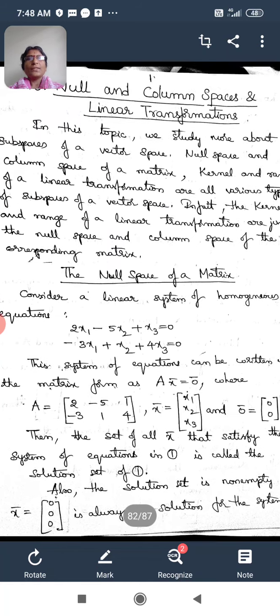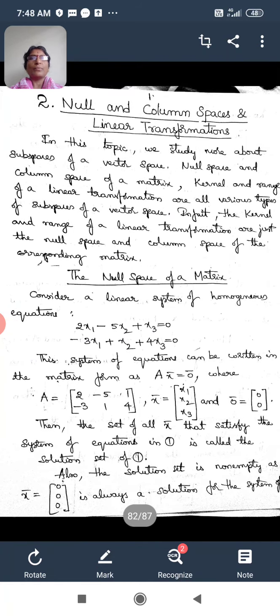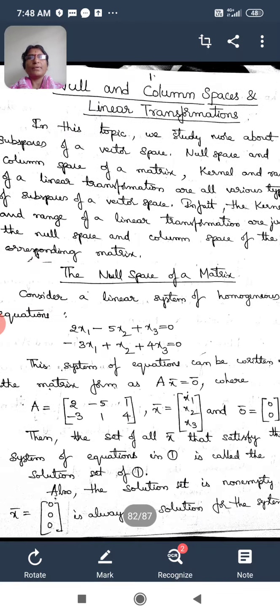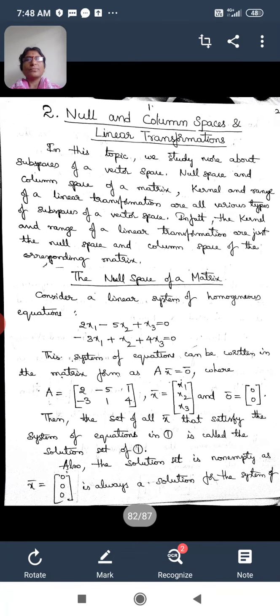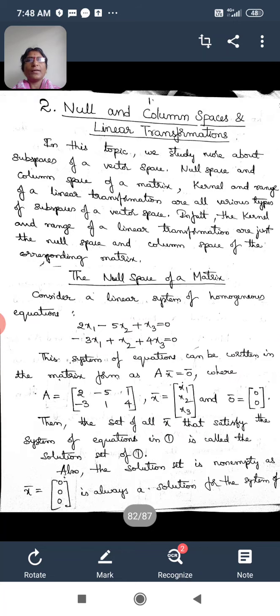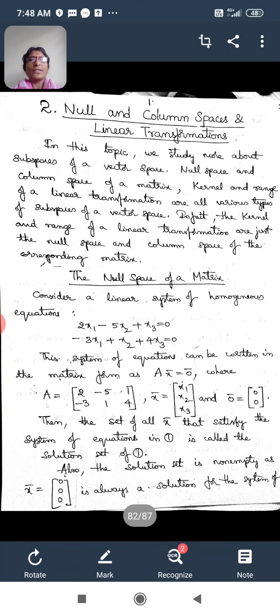So in this topic we study more about subspaces of a vector space, and among them the null space and column space of a matrix, and the kernel and range of a linear transformation are the important topics we are going to study now. All these are various types of subspaces of a vector space.